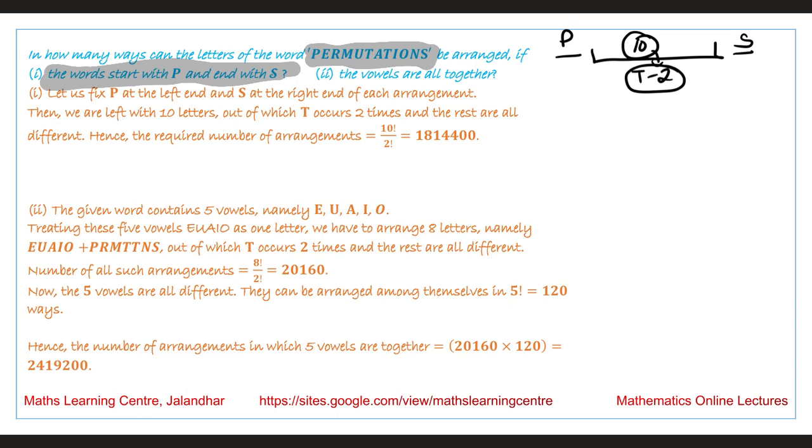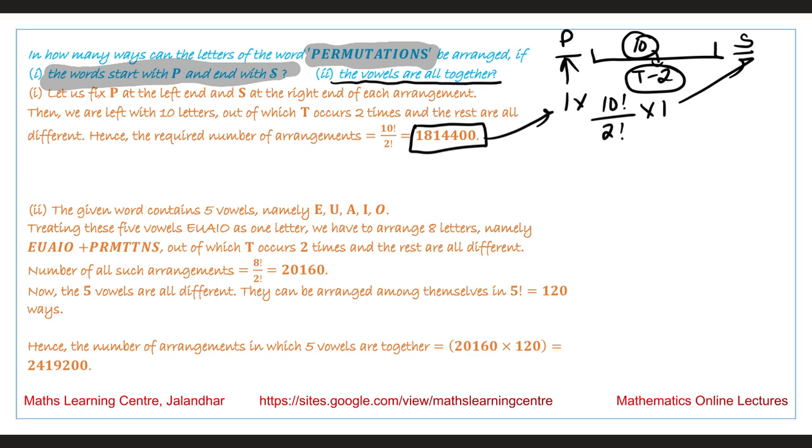So the number of ways we have is 1 into 10 factorial by 2 factorial into 1. This P and S are fixed. So the value of this term will be 181440.